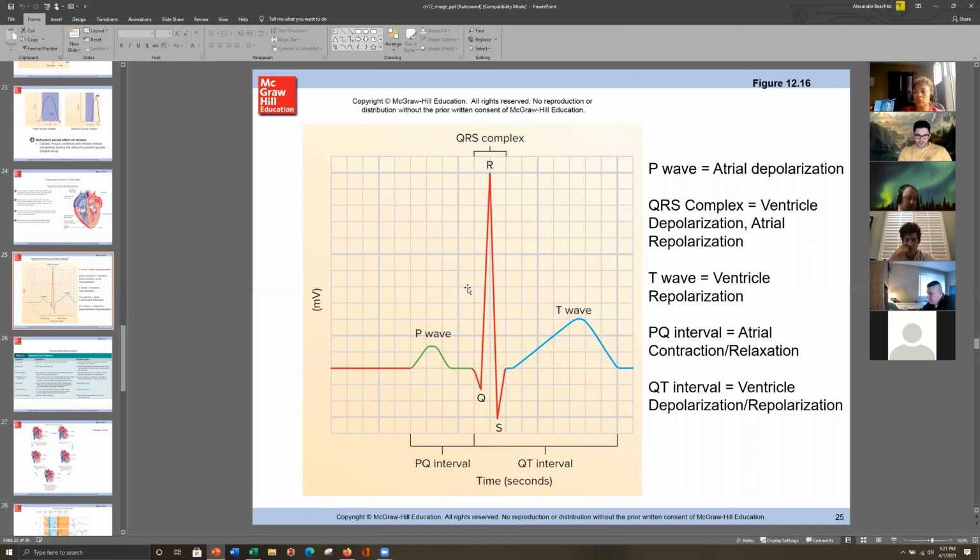And for the sake of completion, so that you understand, these are actually inverted. The depolarization values are actually negative because the electrochemical gradients in the heart create negative ion concentration, so there's net negative charges.